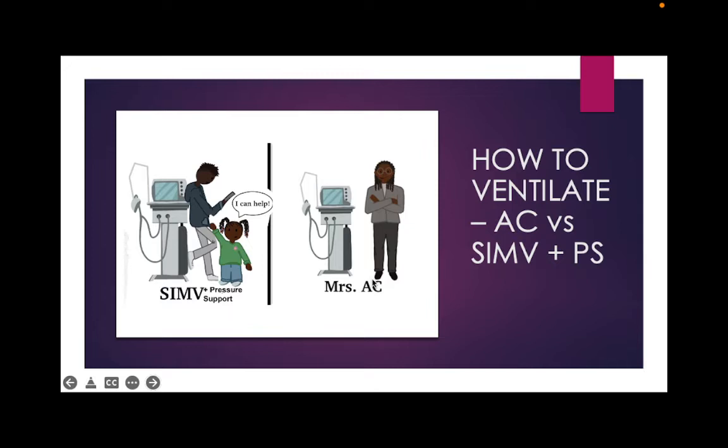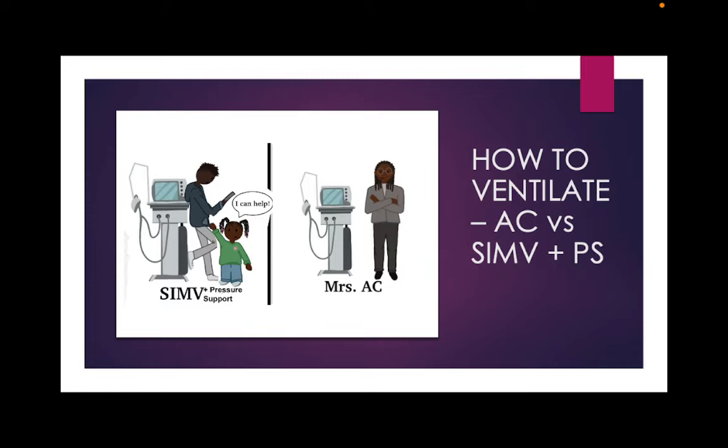So AC is assist control on the ventilator. If a patient is on assist control, it helps out all the way. If that patient starts to take a breath, the machine supports that patient completely, okay? Compared to SIMV. SIMV, he's kind of lazy. He doesn't really want to do his job completely. So if you tell the machine to give a rate of 10, he says, fine, I'll give the patient 10 breaths a minute.